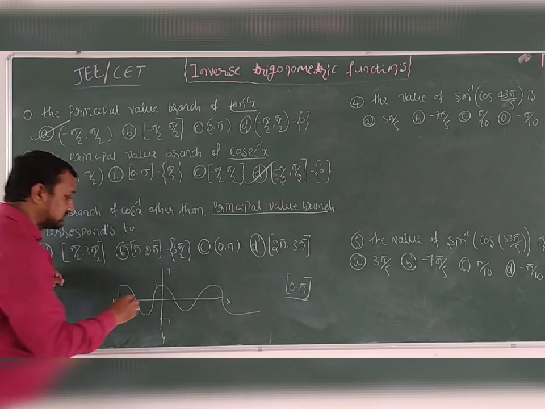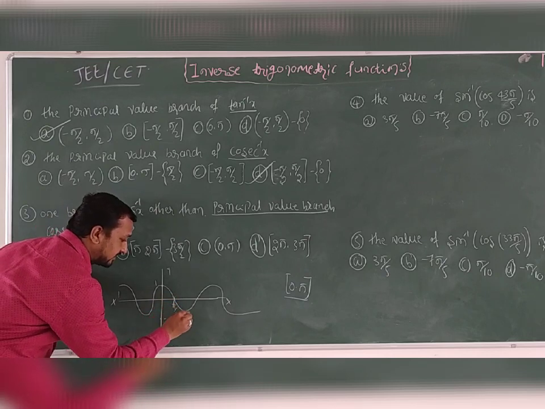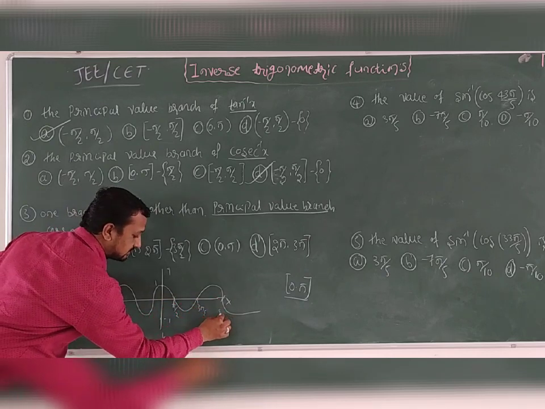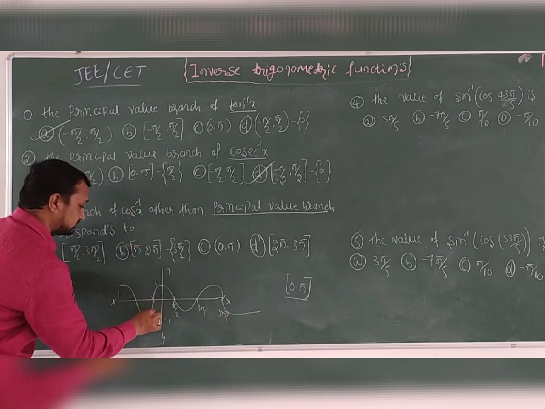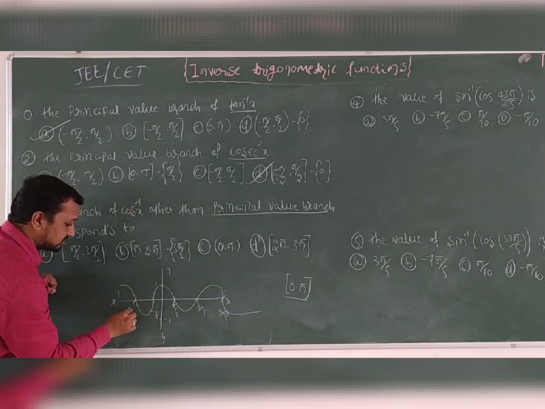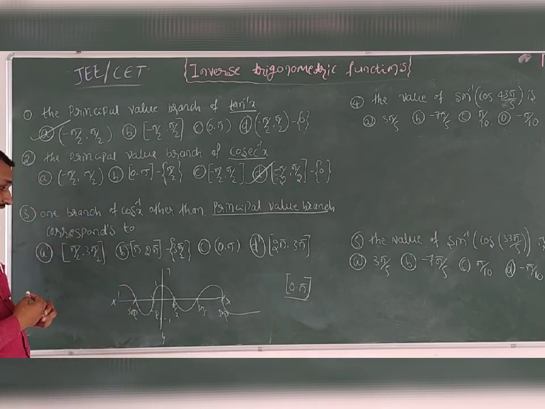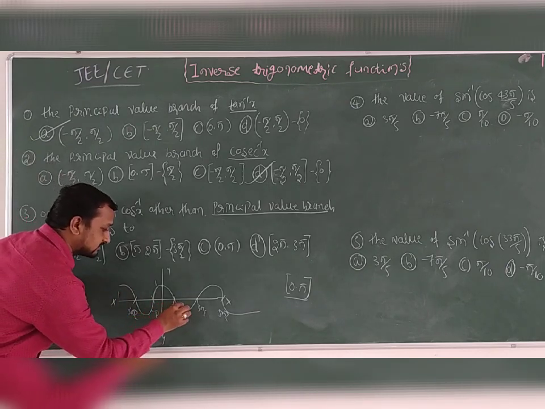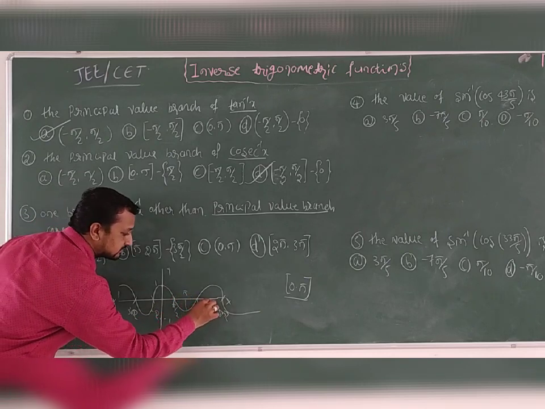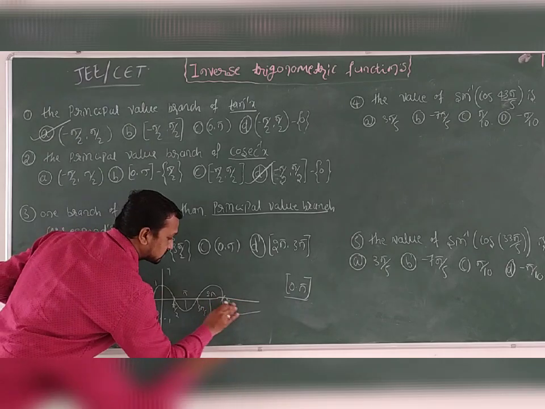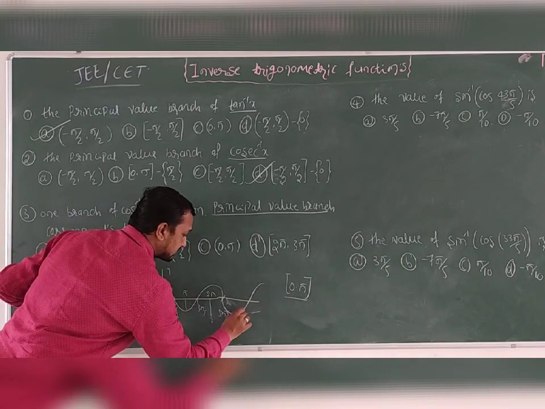Clear that this is 0, pi by 2, 3 pi by 2, and like that, same, pi by 2, minus pi by 2, pi by 2, 3 pi by 2, and so on. Okay, so here this is pi, this is 2 pi, and so on. Again I can take another also.